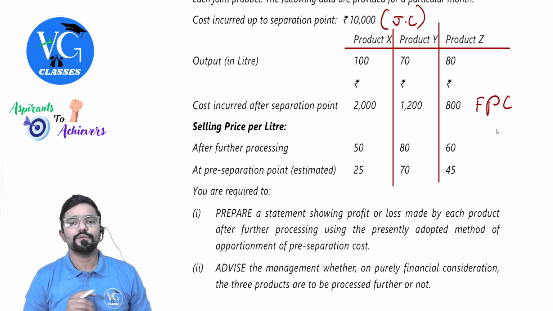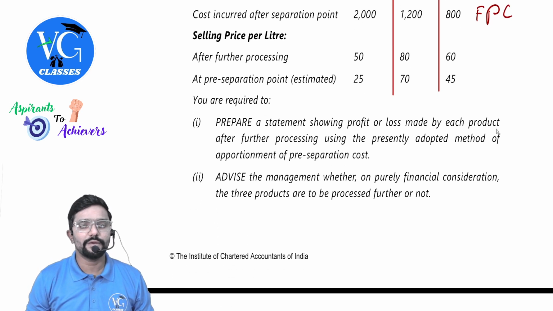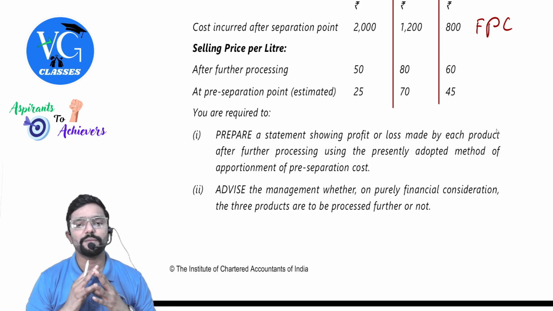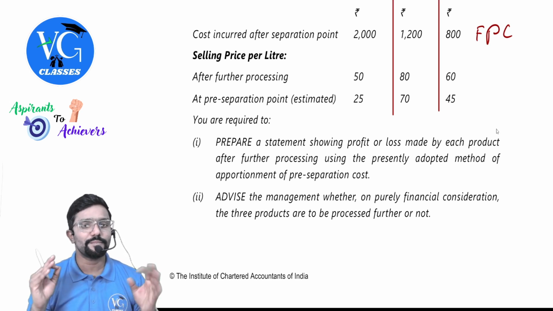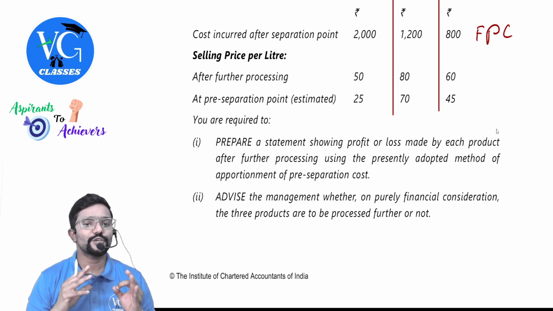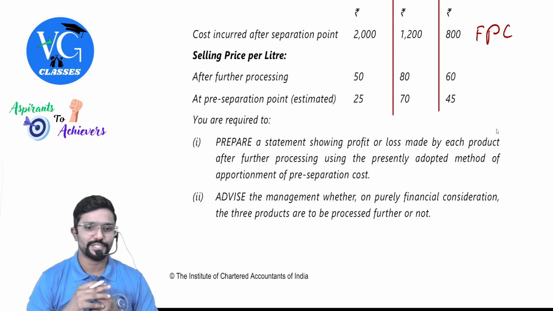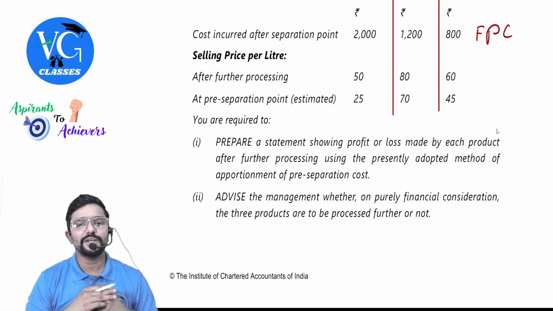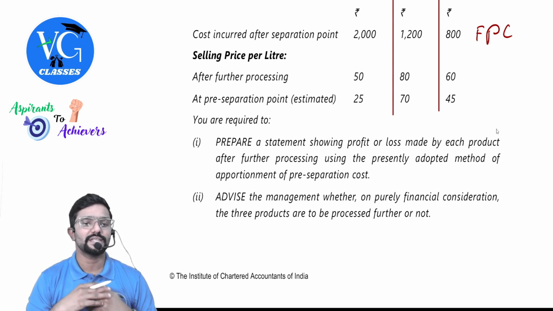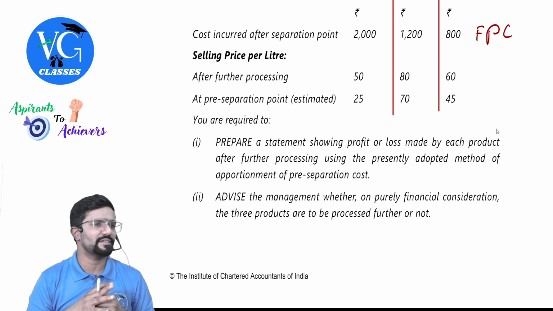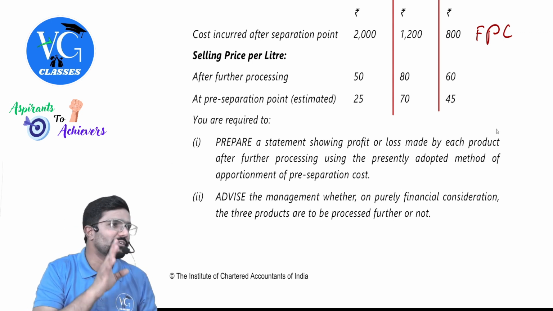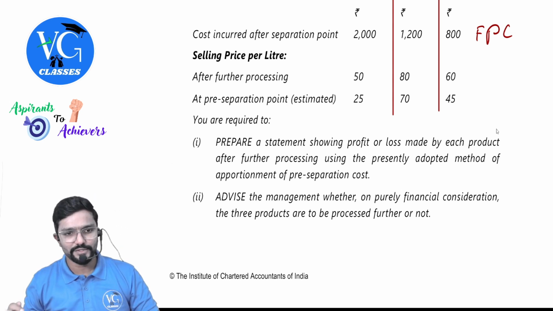You are required to prepare a statement showing profit or loss by each product after further processing using the presently adopted method of apportionment of pre-separation cost. Advise the management whether on purely financial consideration the three products have to be processed further or not. Should it be sold at split off point or after further processing?